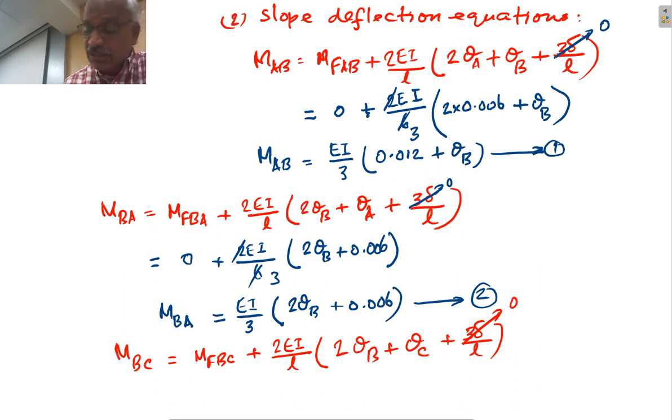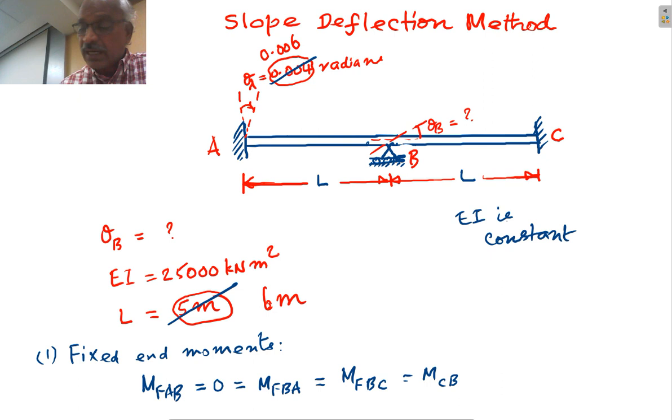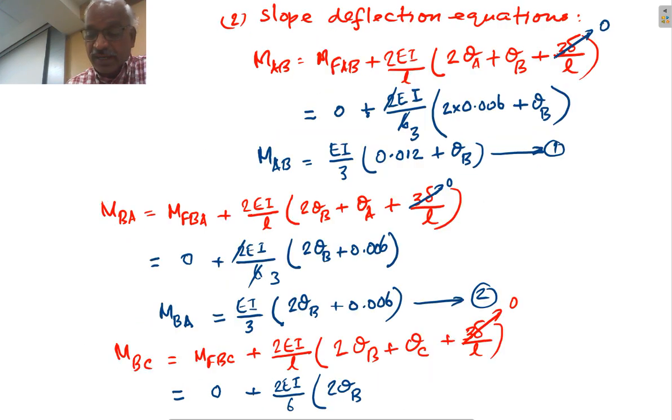So this is equal to M of BC is 0, 0 plus 2 EI by L, that is also 6 meters, into 2 theta B. One more point. See here, C is also fixed. Therefore theta C is 0. That also need not be written.